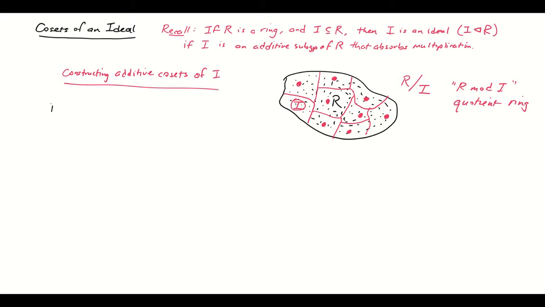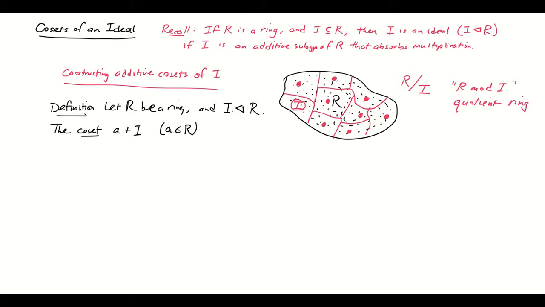So first of all, here's a definition. Let R be a ring, and I an ideal of R. Then the coset a + I, where a is an element of R, is defined by a + I equals the set of all a + x such that x belongs to the ideal.